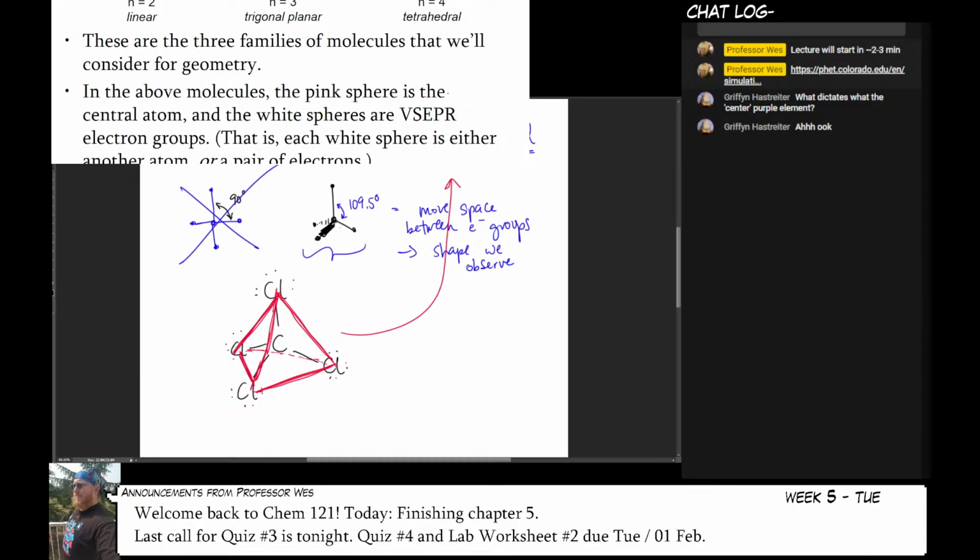Now, the term that we're going to use for this geometry, because I'm about to introduce another term here, these three geometry shapes are called VSEPR geometry, and other textbooks call them electron geometry.